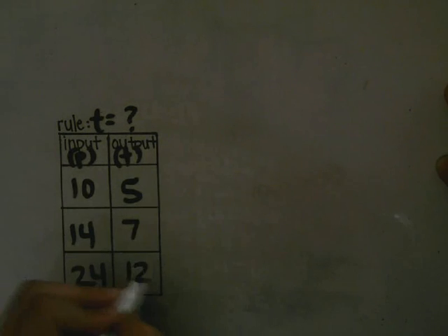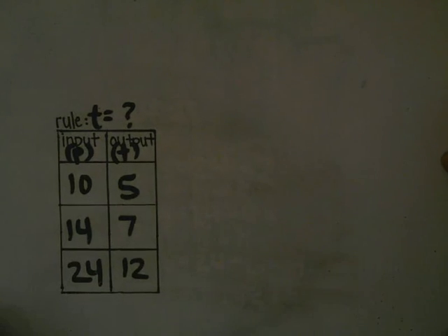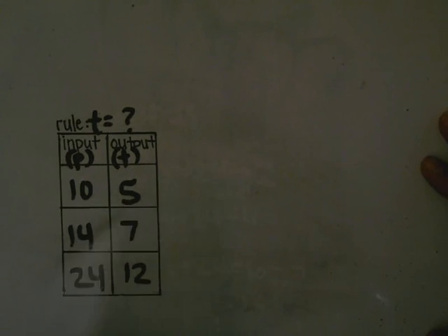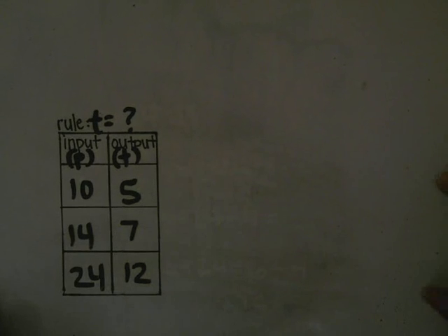You need to think, what is happening to P as it goes through the machine and comes out as T? Well, in this case, it is getting smaller, so that makes me think that possibly the operation being used is division or subtraction, since the input gets smaller as it goes through the machine.